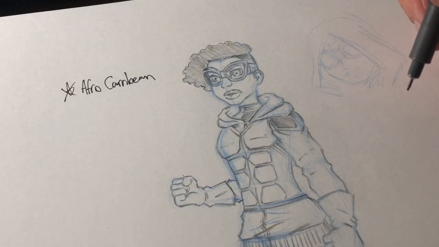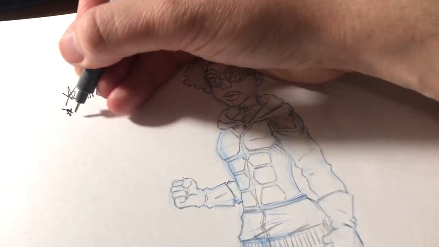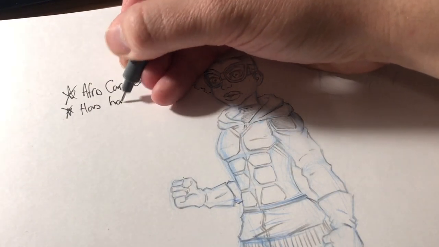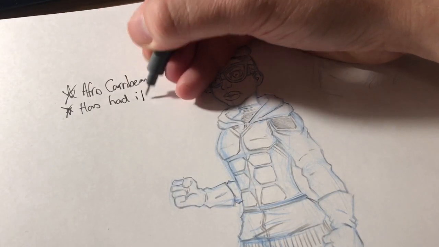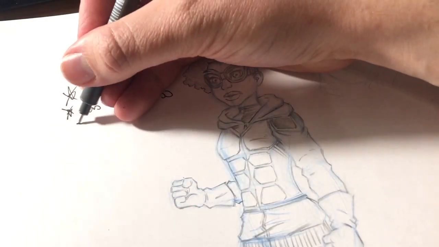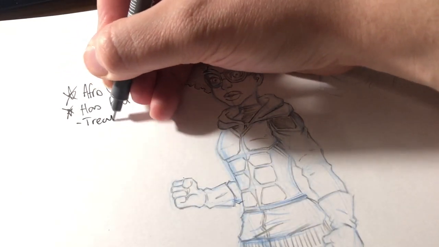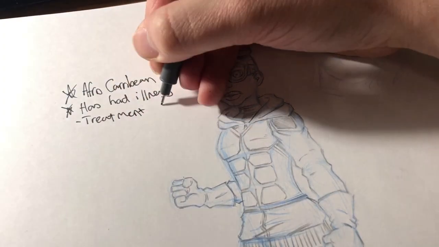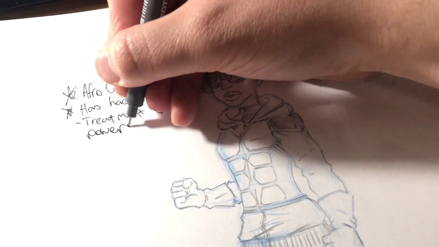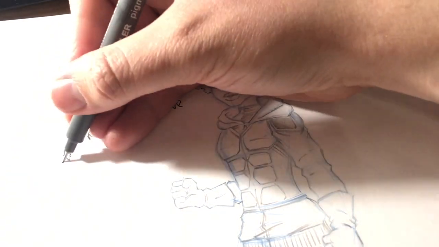She has had an illness in the past. The treatment of that maybe gave her superpowers. But what are her powers?